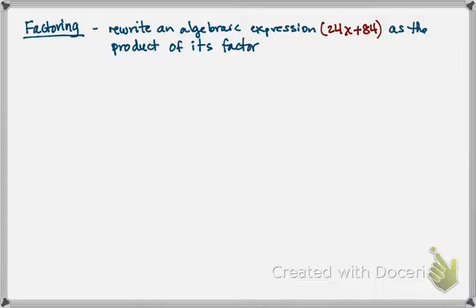So we're going to turn it back to what it was originally. So we would have 12 times the quantity 2x plus 7.